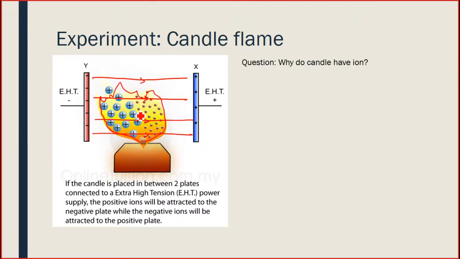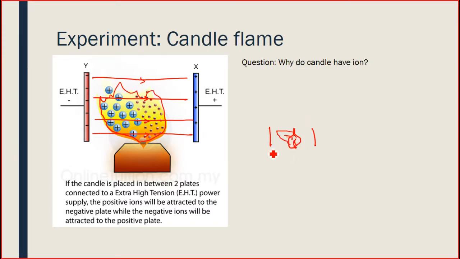It's going to be bent. A standard flame will go up and then down, but in this case, with a plate beside it, it will be bent towards one side only.